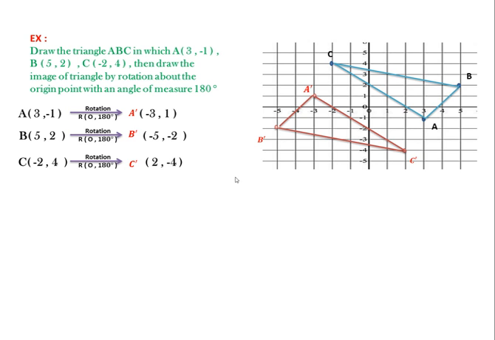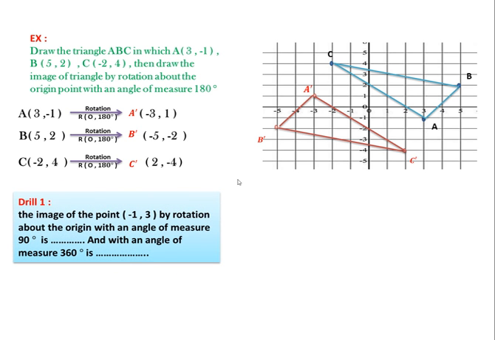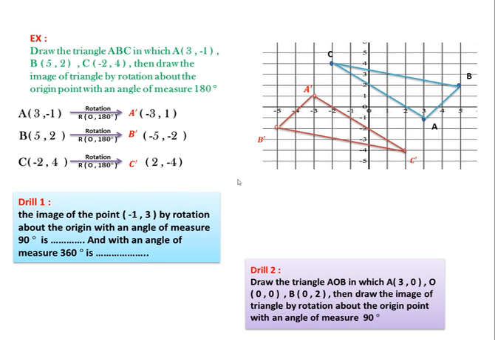Then the triangle A dash B dash C dash is the image of triangle ABC by rotation about the origin point and 180 degrees. Now you have a drill. You can try to solve it and leave your answer in a comment. And thank you.